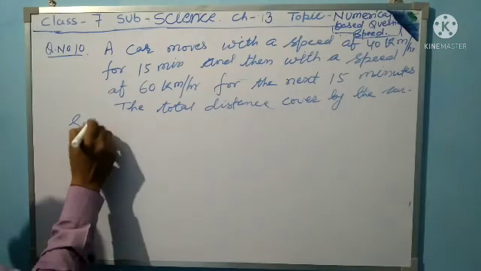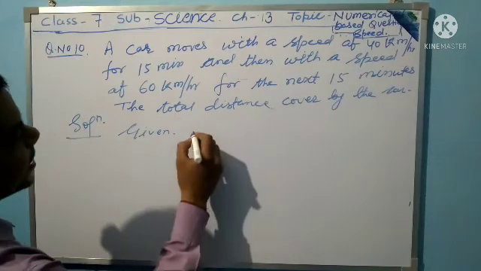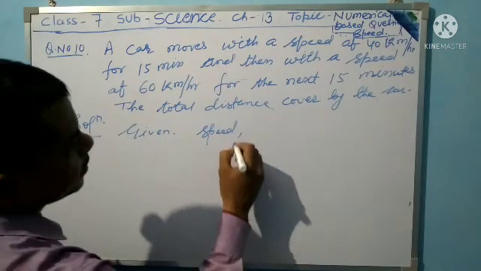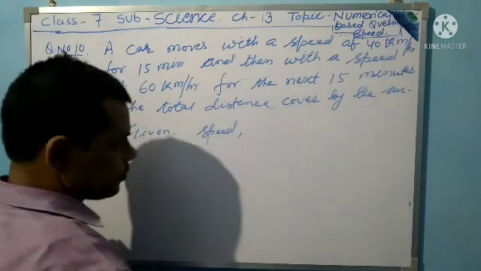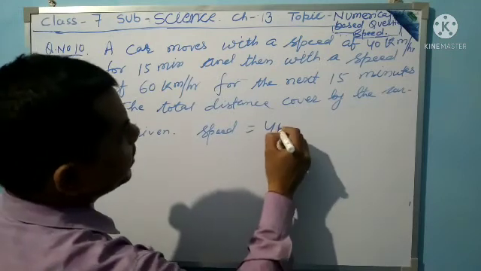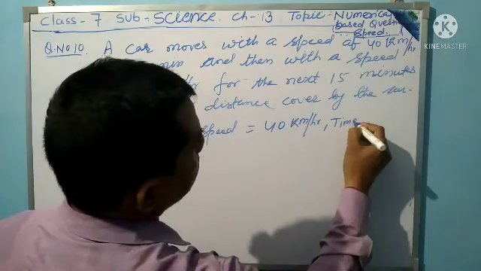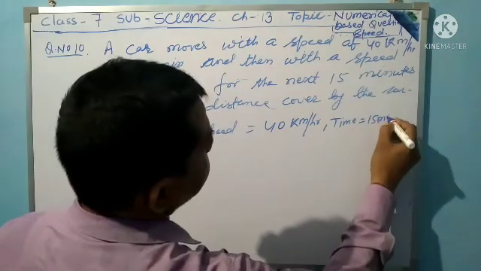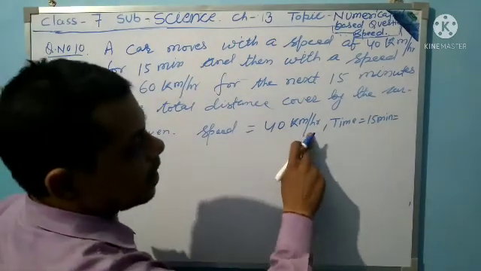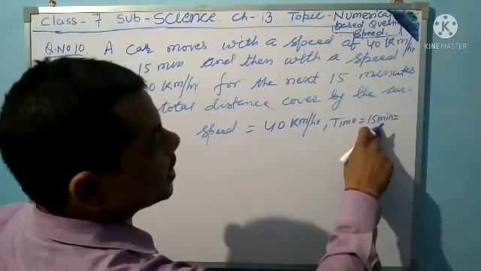So the solution: what is given. The speed is 40 kilometer per hour and the time is 15 minutes. The speed unit is in kilometer per hour but the time unit is in minutes, so change the unit to hours.